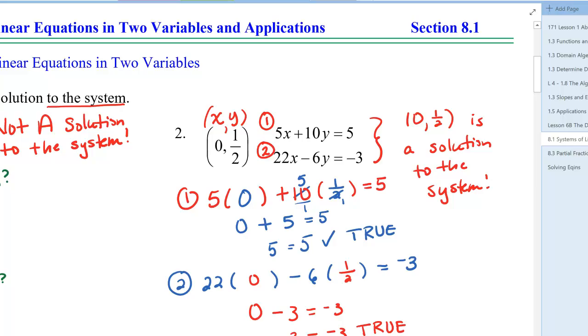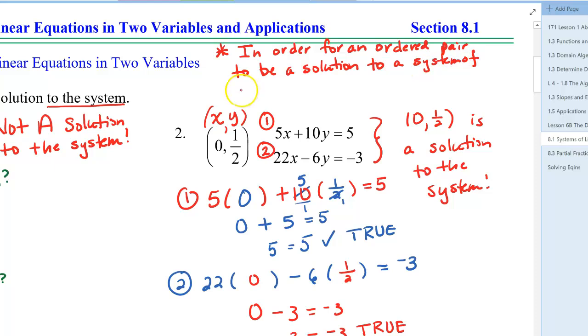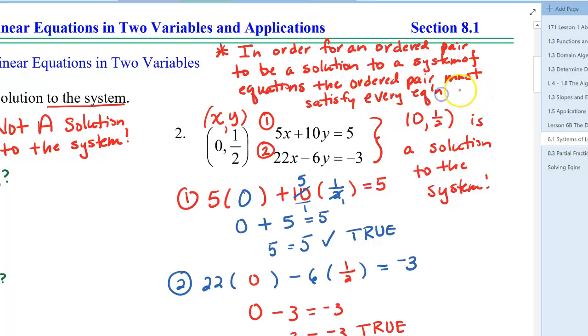So let's make a note up here, and let's say this: in order for an ordered pair to be a solution to a system of equations, the ordered pair must satisfy every equation in the system.